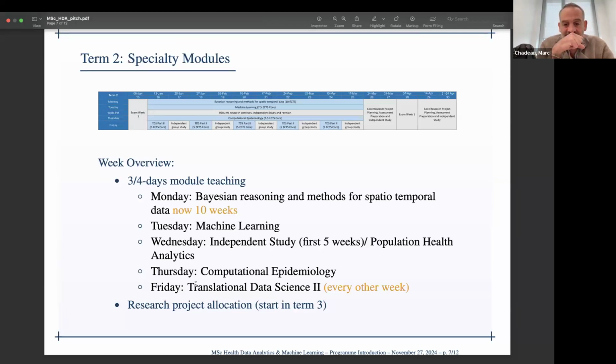Then Wednesday is independent studies for the first week. And then you've got a series of seminars in the last 5 weeks of the modules. Thursday is Compepi, and then on the Fridays, you've got every other week the second part of the translational data sciences. Of note, the research projects that are starting in term three are allocated during term one.